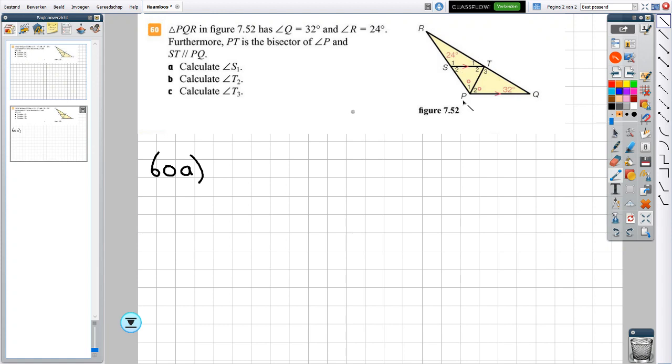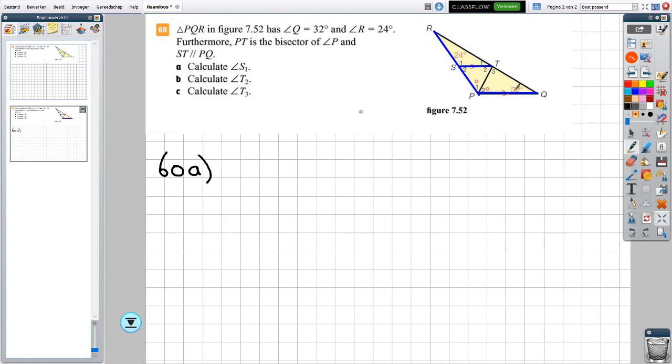So since there are two parallel lines here, can I find a corresponding or alternate angle in which S1 is included? Well, I think I can draw one. If I take a look at this right here, like so.